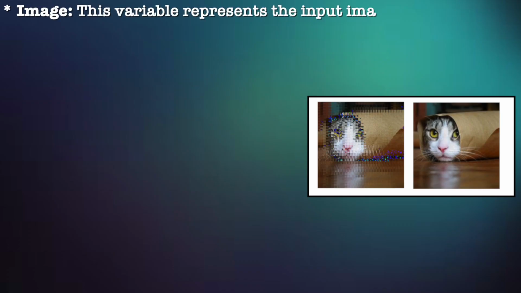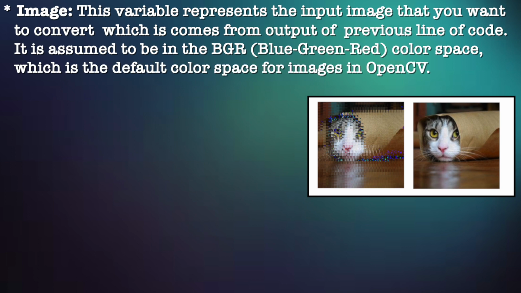The first parameter of this function is image. This variable represents the input image that you want to convert, which comes from the output of the previous line of code. It is assumed to be in BGR color space, which is the default space for images in OpenCV.